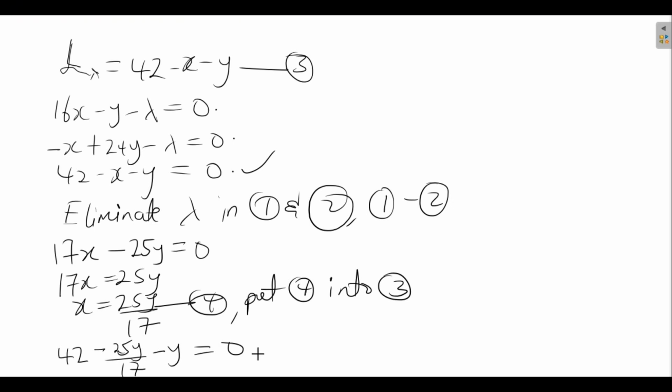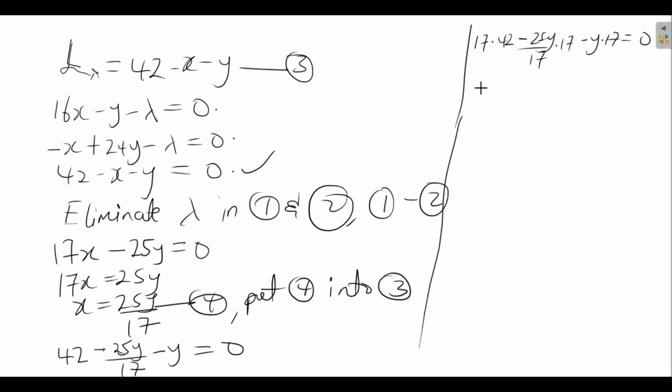The goal here is to find y in this equation. So we can multiply through by 17. Let me divide this page and do it here. Now, if you multiply through, you're going to get 17 multiplying 42, minus 25y over 17 multiplying 17, minus y multiplying 17, which is equal to 0.